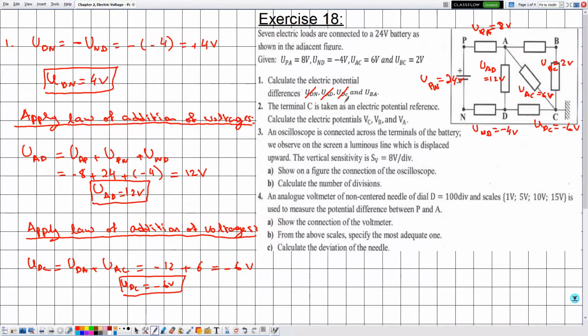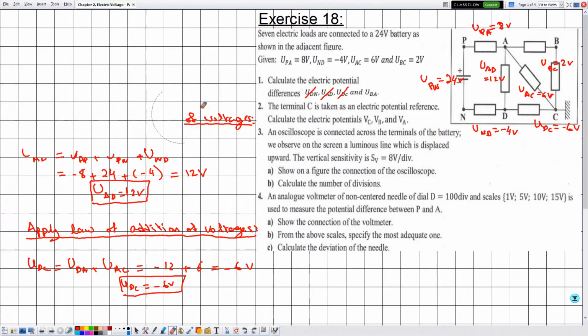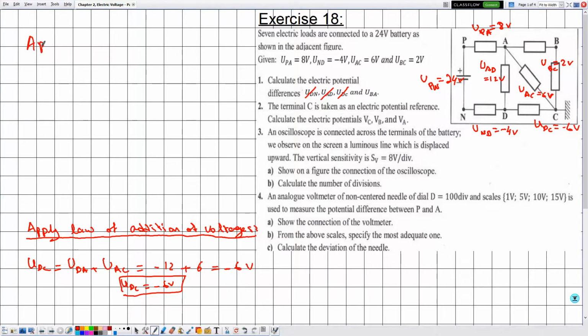Now as for the voltage UBA, let's apply the law of addition of voltages.